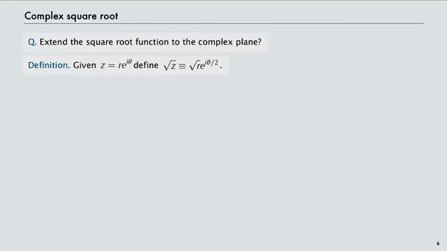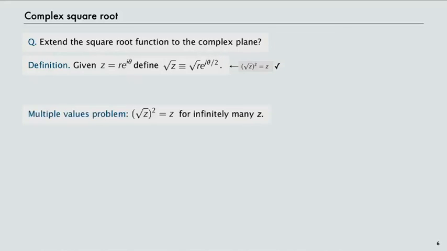And then you might as well define the square root of z to be the square root of r times e^(iθ/2). And that seems to make sense because if you square the square root of z, then you get r, and e^(iθ/2) squared is just e^(iθ), so you get z back. So that seems like a good definition of the square root in the complex plane.